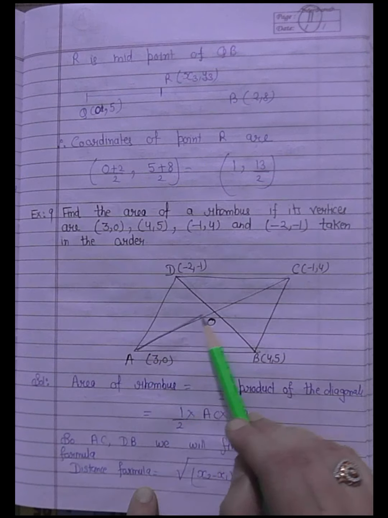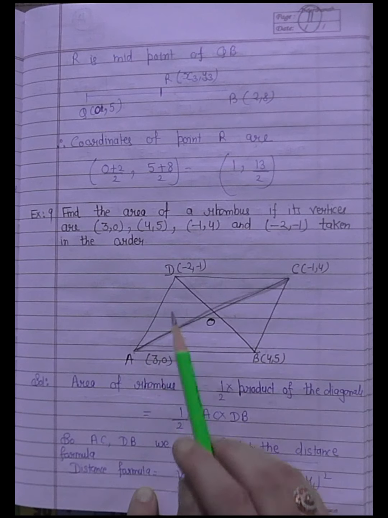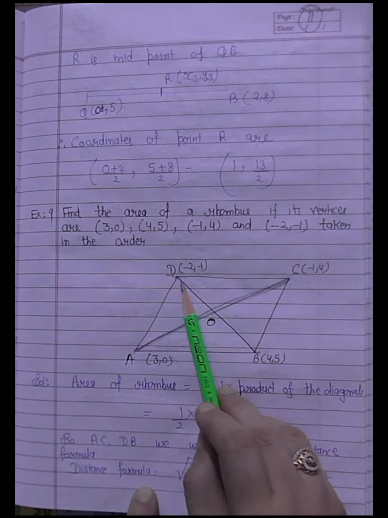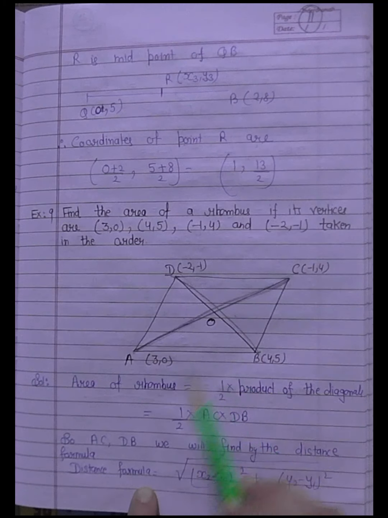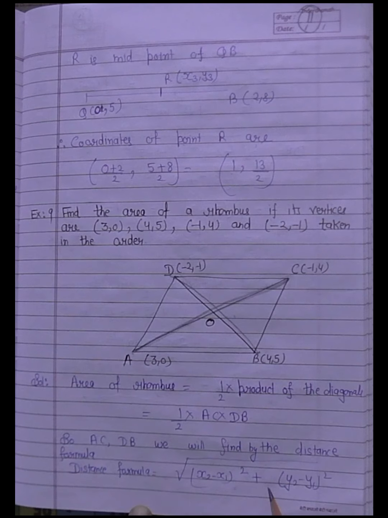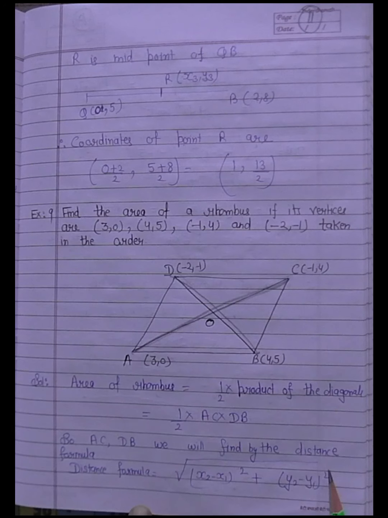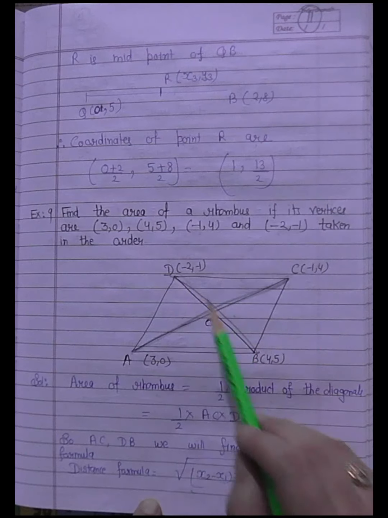We know how to find AC. This can be found by the distance formula which was discussed in the first video. So by using the distance formula, which is the square root of (x2 minus x1) whole square plus (y2 minus y1) whole square, we can easily find AC and DB both.